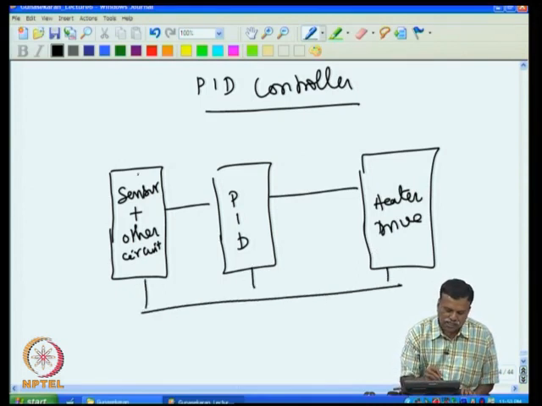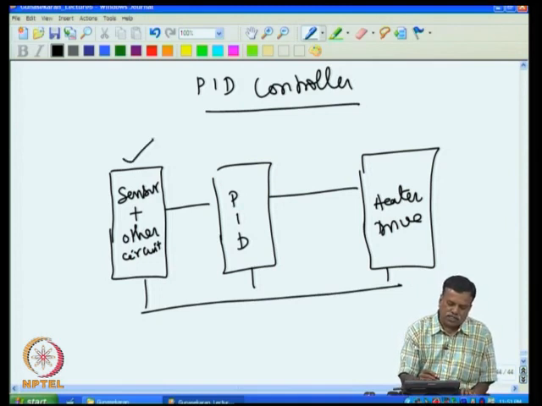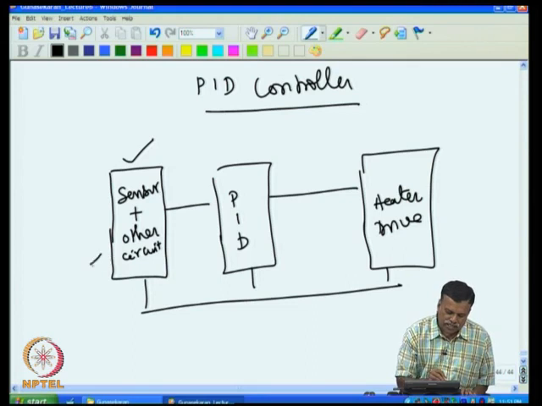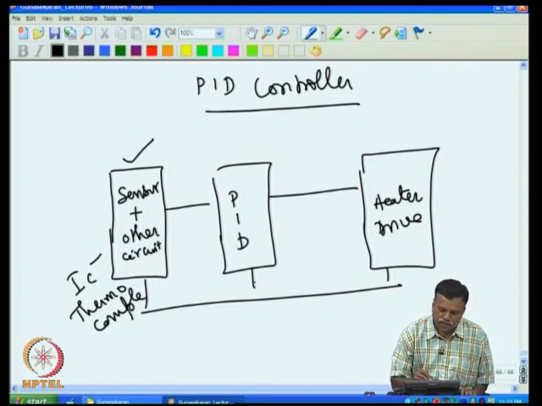So as far as the sensor is concerned, we had seen two different sensors actually, one with the IC sensor and another with the thermocouple. The two examples showed how to design the sensor circuit. In PID control, we had shown how to design P separately, I separately and differentiator separately.